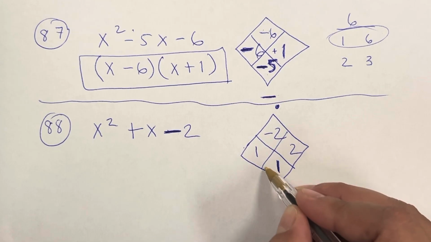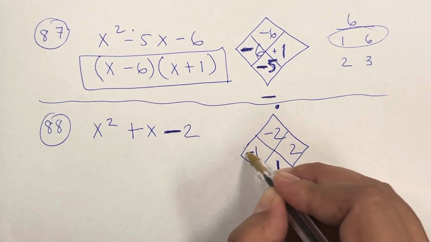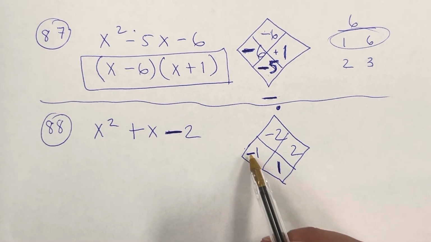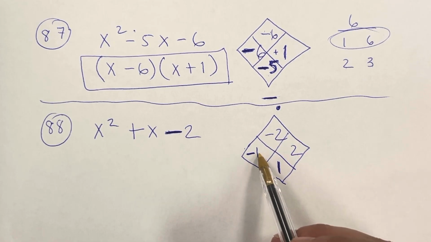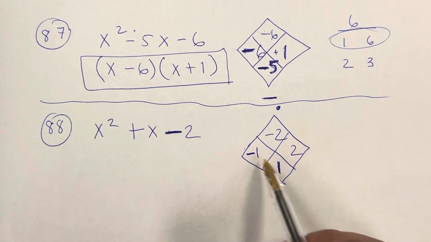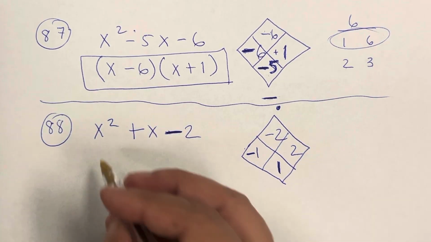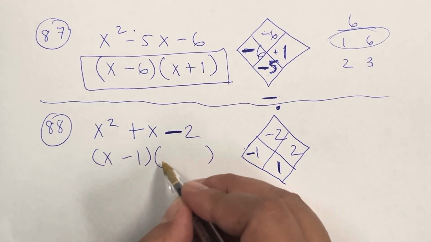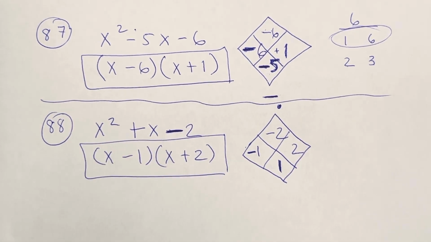That means that that's the sign of the bigger one. That means that the smallest one gets the other sign, which is negative. And now we check. Negative 1 times 2, negative 2. Negative 1 plus 2. Remember that different sign, subtract and get the greater sign. 2 minus 1 is 1, and the greater sign is positive. So yes, it makes sense. x minus 1, x plus 2. Those are my two factors.